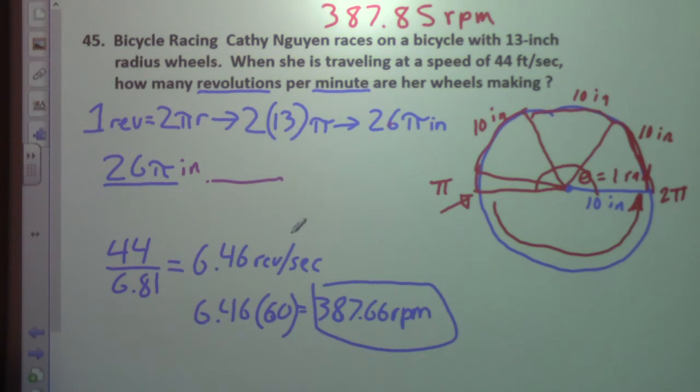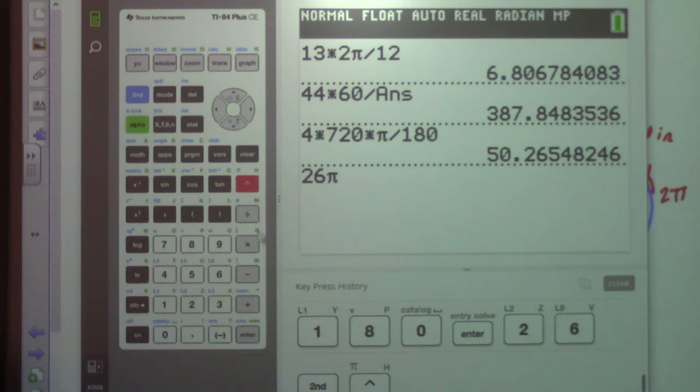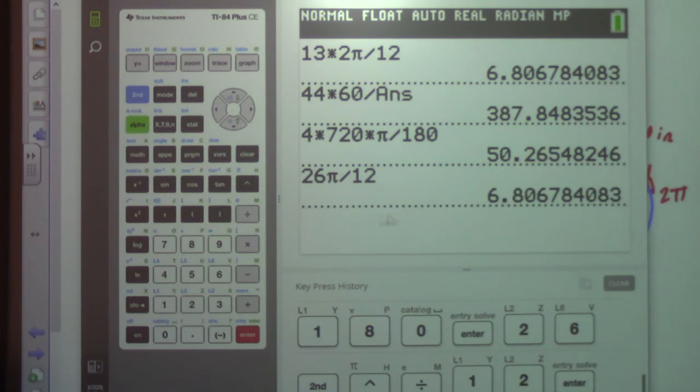And we know there are 12 inches per foot, right? So we want to cancel out inches, so 12 inches goes down here, and feet goes here. And what cancels out? This. So we get 26 pi over 12, and that's where he came up with that number, right? 26 pi divided by 12, and so we have 6.807 feet, right?